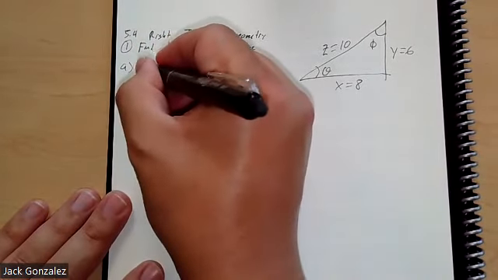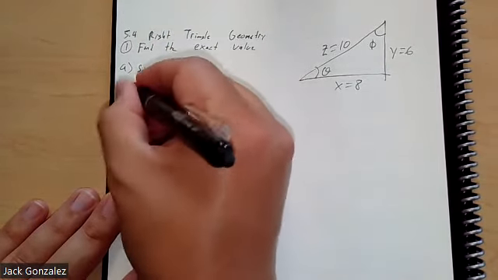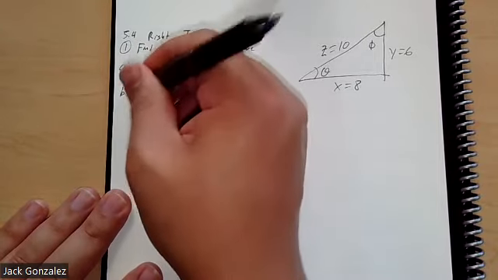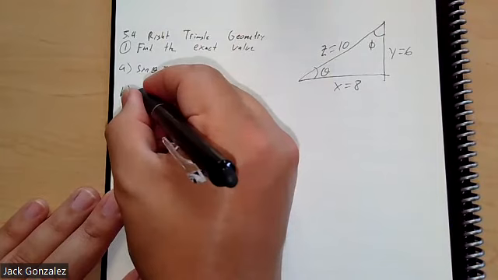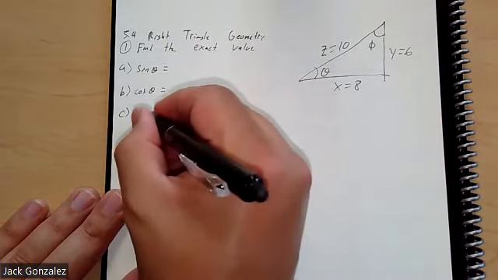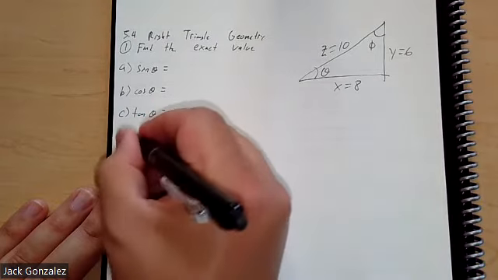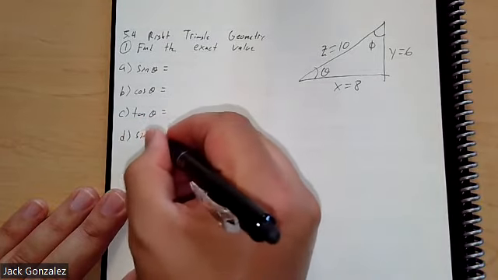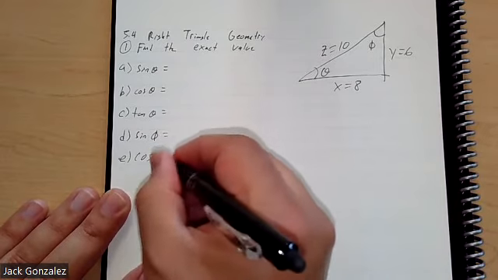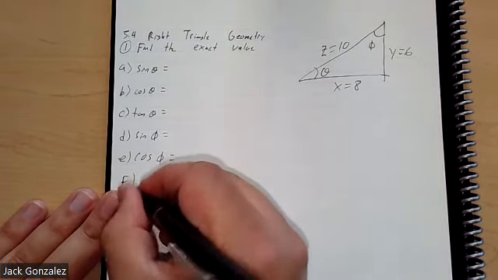So part A, find sine theta. Part B, find cosine theta. C, find tangent of theta. D, find sine of phi. E, find cosine of phi. Then tangent phi.